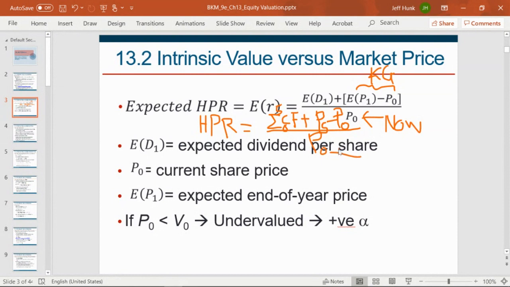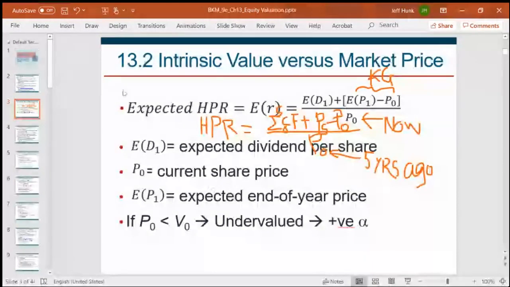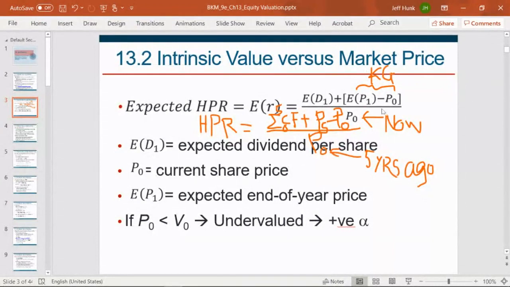In this case, time 0 was 5 years ago. But if time 0 is now, time 1 is, of course, next year, right? And dividend at time 1, we don't know that. It hasn't been paid yet.